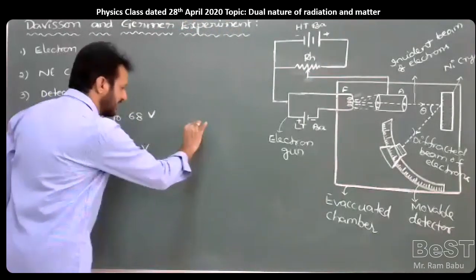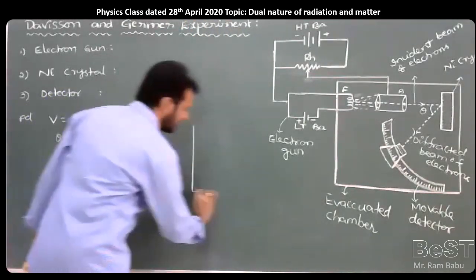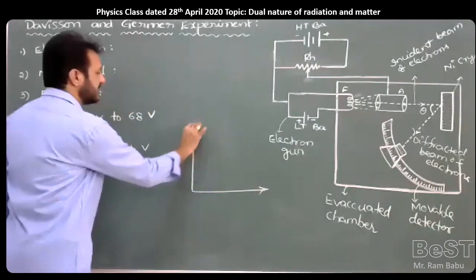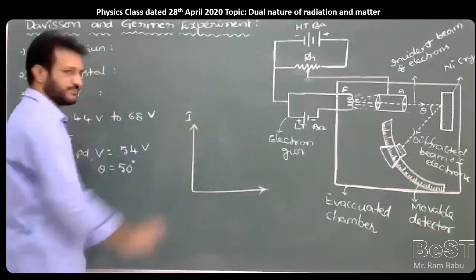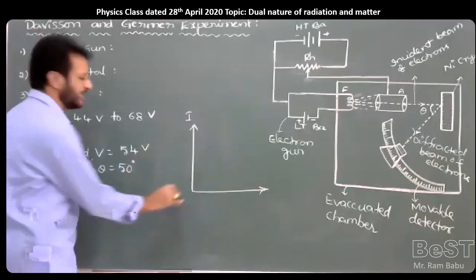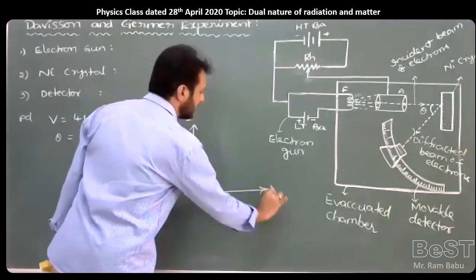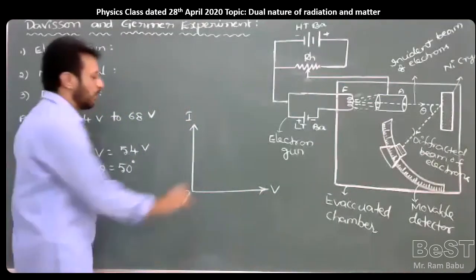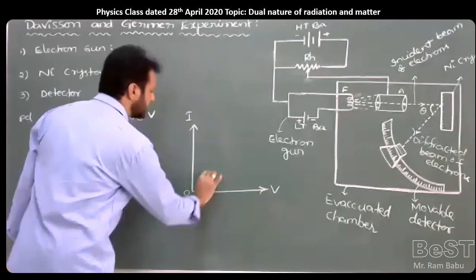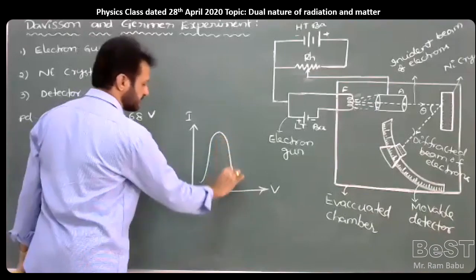If you draw a simple graph here, I am taking the intensity of the electron beam on the y-axis, and either the potential difference or the angle on the x-axis. We can observe the nature of the graph like this.